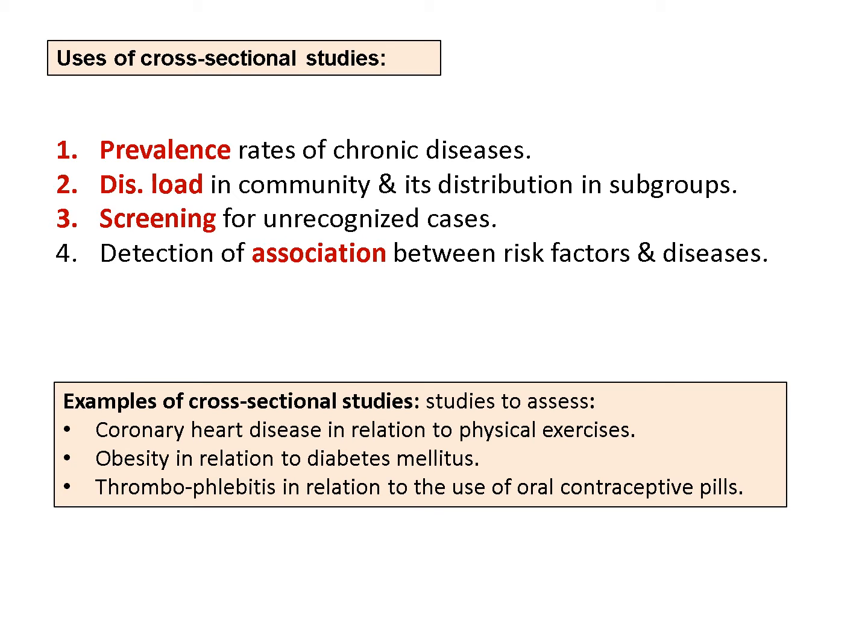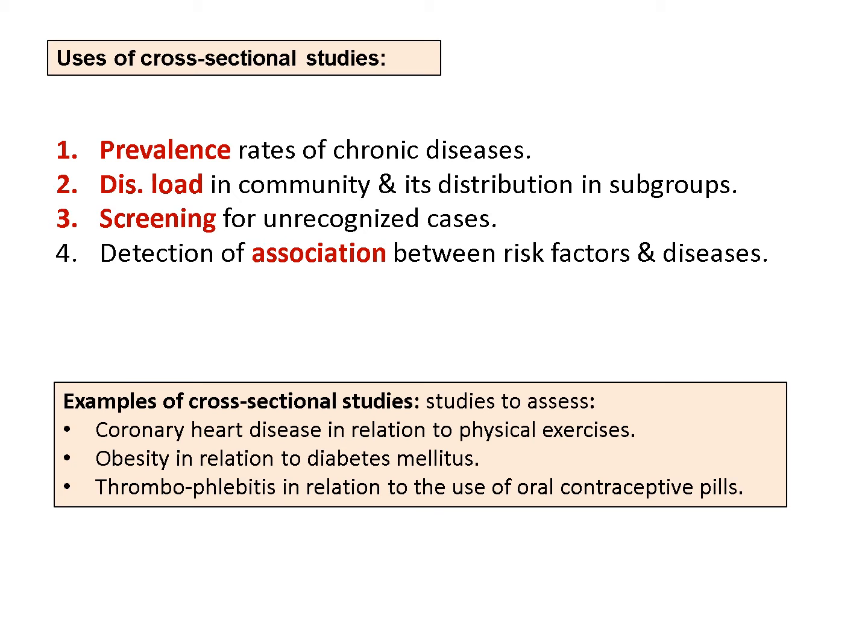So in one setting, we diagnose coronary heart disease either by questionnaire or even by investigation, and also we find out their physical exercise. So from this setting, we know the prevalence rate of this chronic disease.